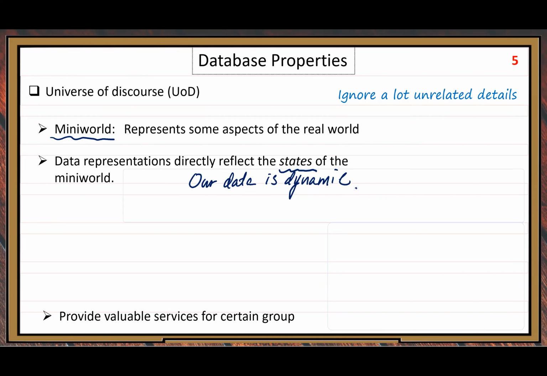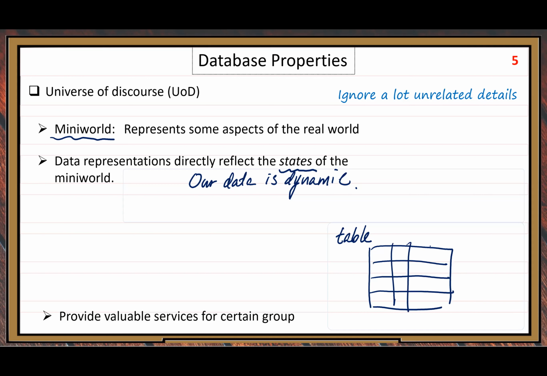To explain the states information, I would like to use our later table concept. So we organize our data in many tables. Here, I only take one table. One table of data. The table structure is a 2D structure. So you have rows and you have columns.